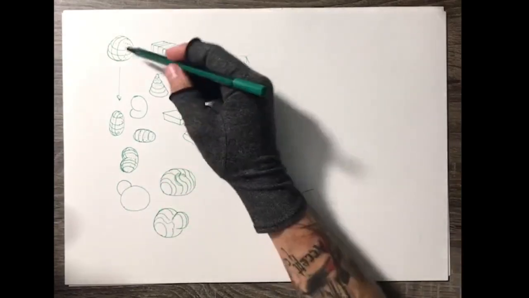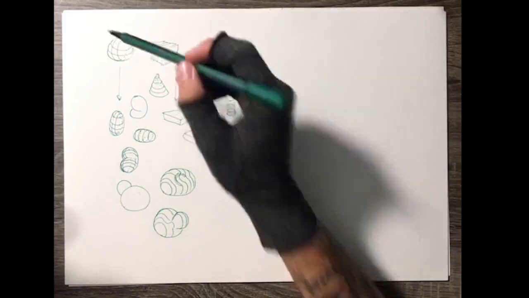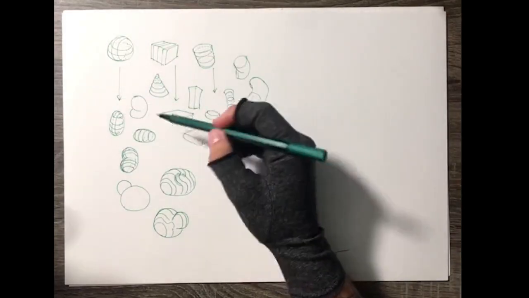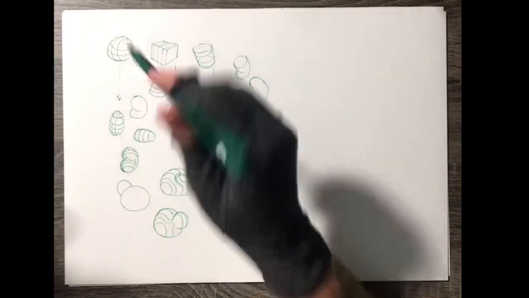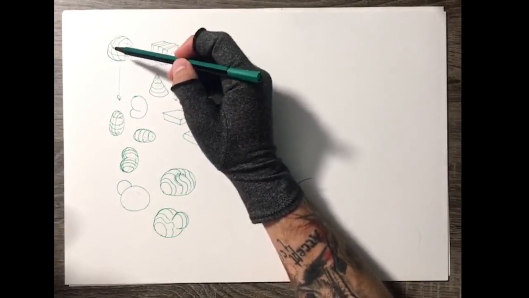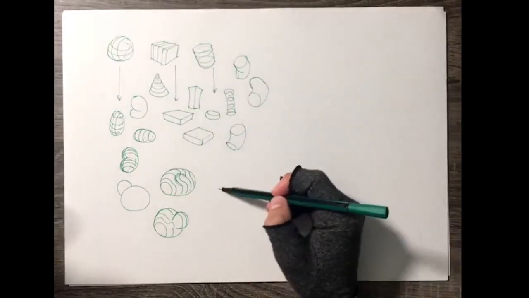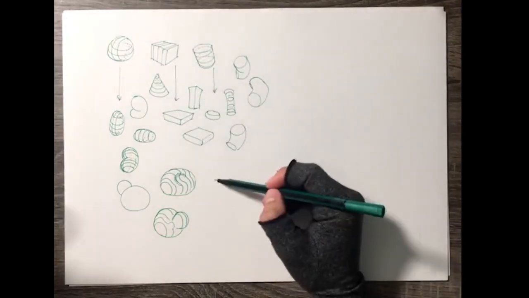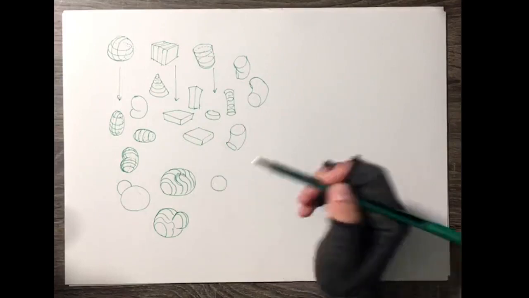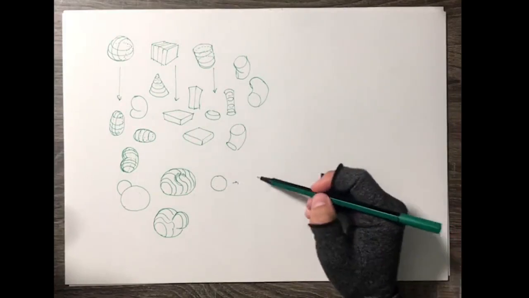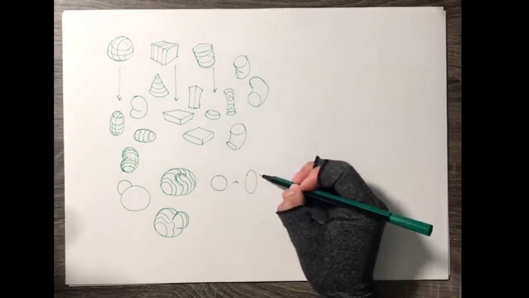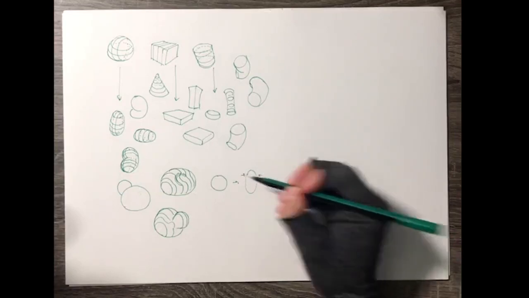For instance, when you've done all of these, the manipulation and the squishing and the stretching of those simple shapes, you could also start playing with those simple forms. So I'm going to do this step by step. We take a sphere, we elongate it, and then we're going to pinch it at the top.